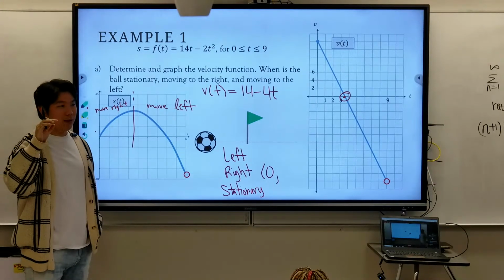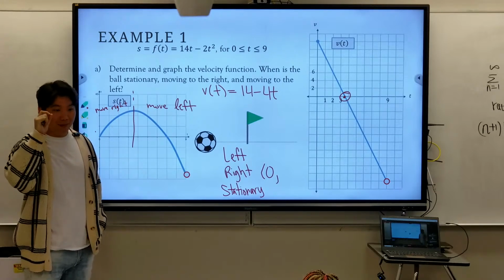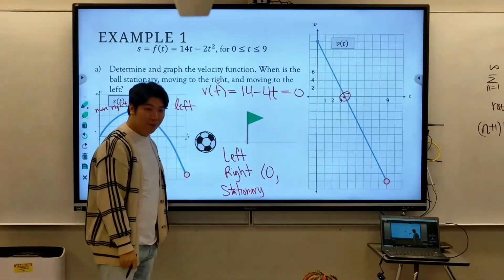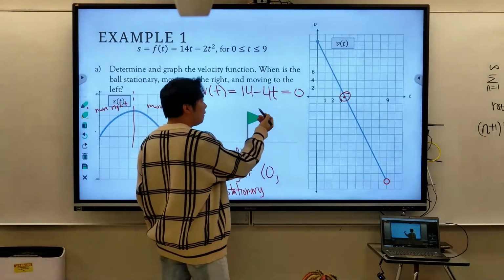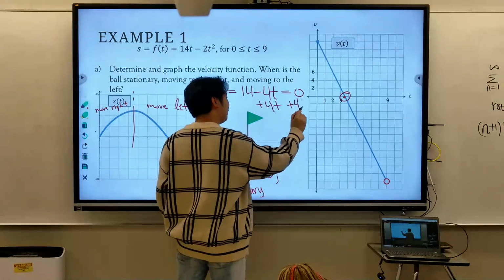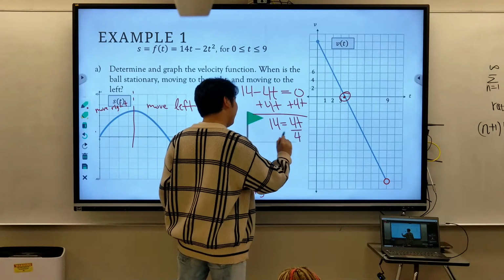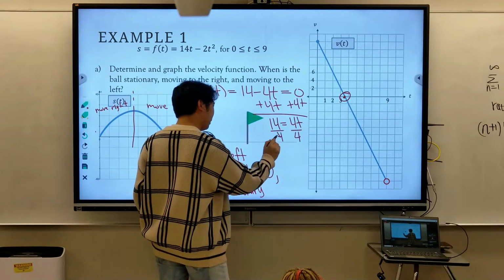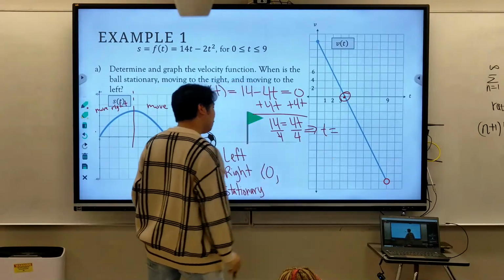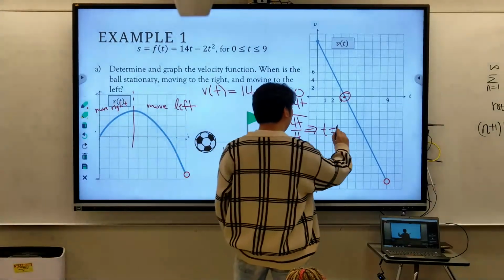So really, if I want to see where I turned around, I have to see when is my velocity 0. Here's my velocity. I want to see when it is 0. This one I can solve pretty quickly. I can add 4t, and get 14 is equal to 4t, and then divide by 4. So here I get 14 over 4, that's 7 over 2, or 3.5 seconds.